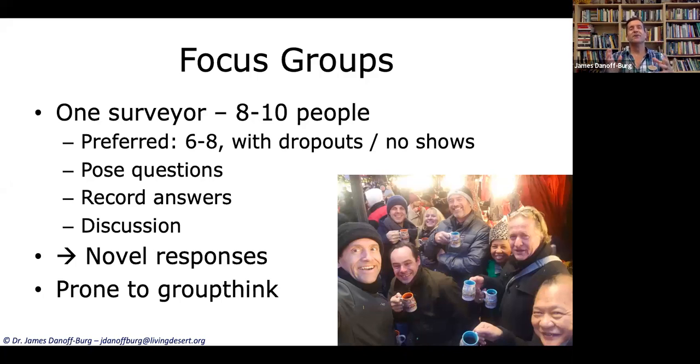So typically with real focus groups, you have one surveyor, say me, on the left side of that screen, and around 8 to 10 people. For me, I prefer about 6 to 8 because some people will drop out, will not show up for the focus group after you recruit them to come at a specific time.